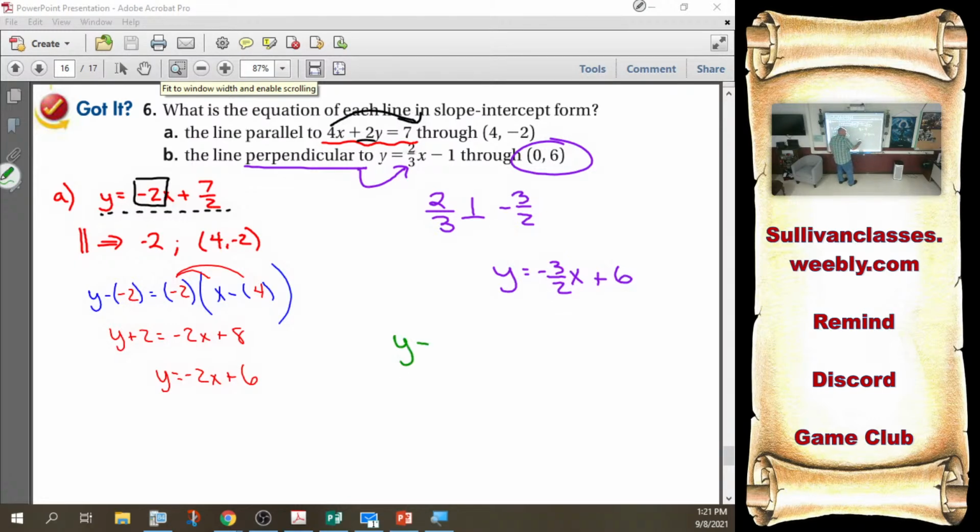Because y minus 6 is -3/2 x minus 0. When you distribute, it's just -3/2 x. Add 6. Okay? So if you see little shortcuts like that, go for them.